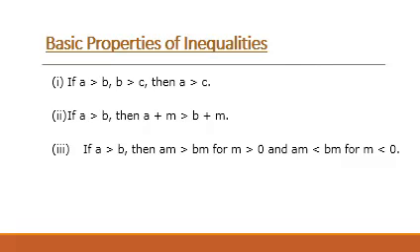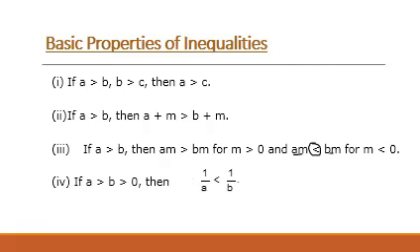And if I multiplied them by a positive number, it also will never change their sign. But if I multiply them with a negative number, the sign in this case will be changed, because you know that for positive numbers, for example 2 and 4, 2 is less than 4, but minus 2 is greater than minus 4. So yes, if you multiply them by a negative number, the sign will be changed.